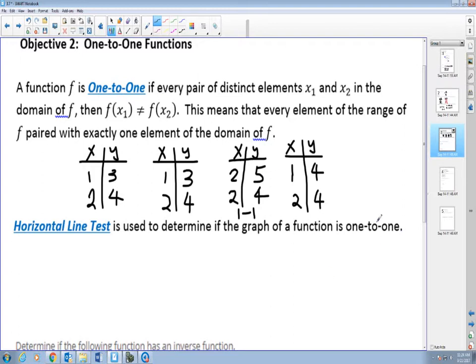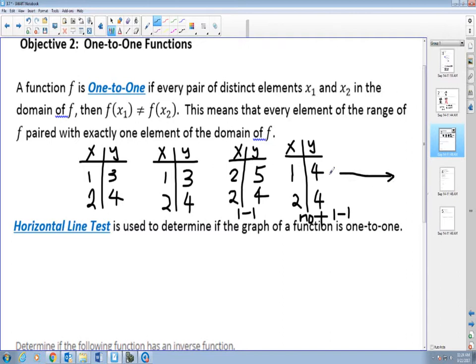So to be one-to-one, the y values got to be different. When the y values are the same, then it's not a one-to-one function. If you plot 1, 4 and 2, 4 on the graph, it will provide you with a horizontal line.